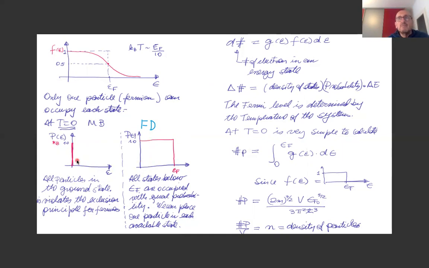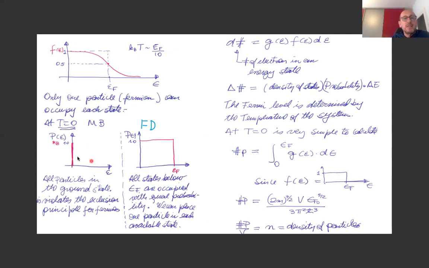Here you can only have one particle in this state. Okay, and if you have a high number of particles, you arrive at a contradiction, because you have many particles available in the system, and you only have room for one of them. You cannot be here because there's a contradiction.